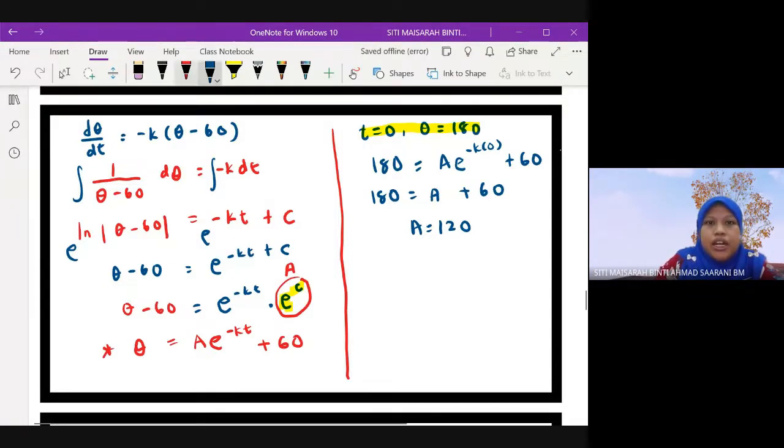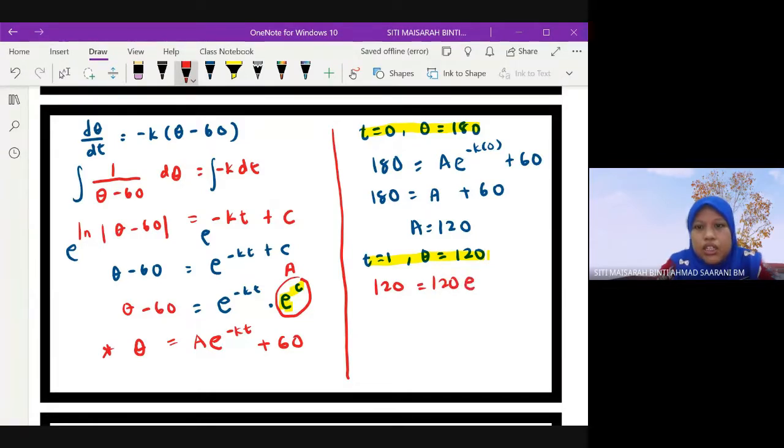So then the second initial condition: when T equals 1 minute, the body temperature theta is 120. Okay, so this is the second initial condition. So we substitute 120 for theta, A we already got as 120, E to the power negative K times 1, plus 60.